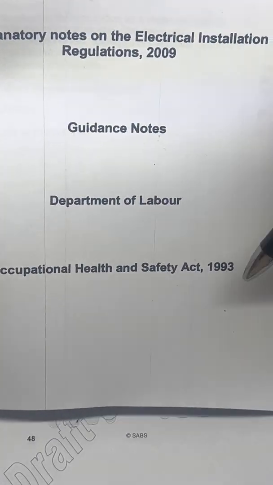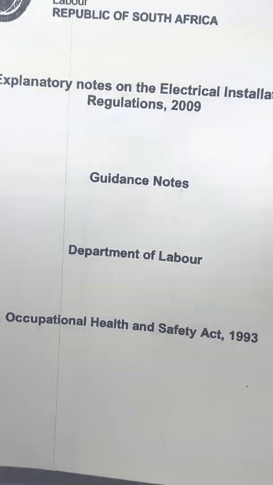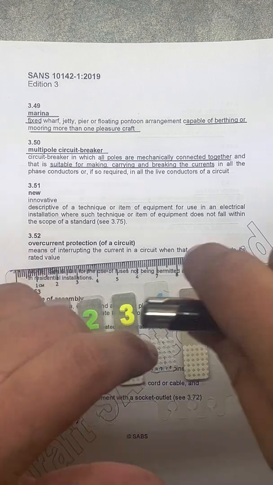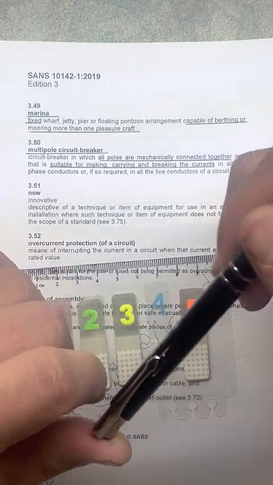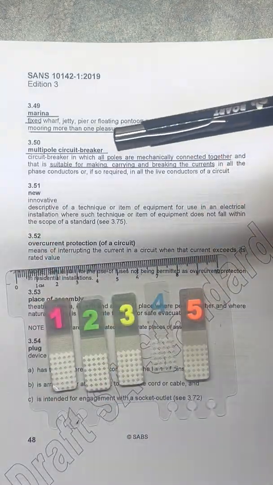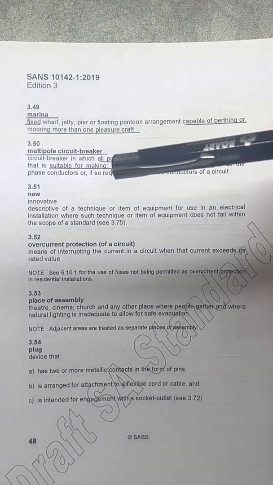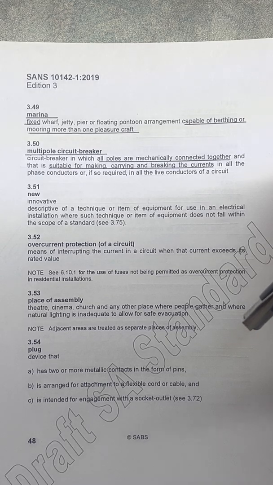So this is the Act of 1993. In the majority of the questionnaires that I've seen, the first question is always about the health and safety regulations regarding electrical installations and contractors. So yeah, we'll look at that one a bit later on.